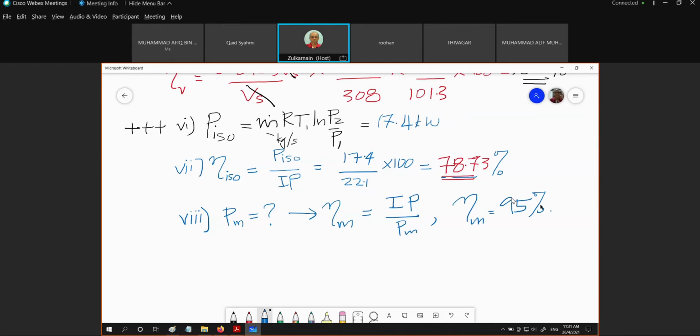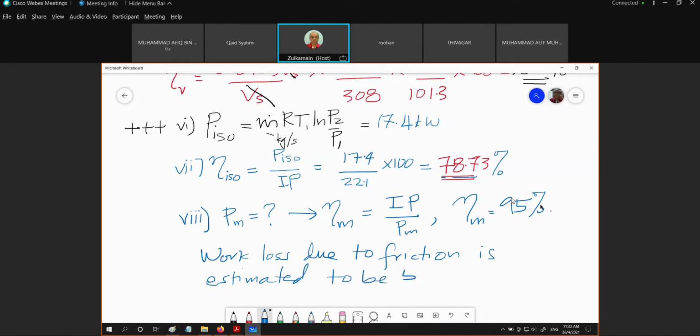Or the question might tell you the energy loss or the work loss. Okay, the work loss due to friction. Maybe we have a gearbox in between the motor and the compressor. So we have work loss due to friction is estimated, usually we use this term, to be, let's say, 5%.